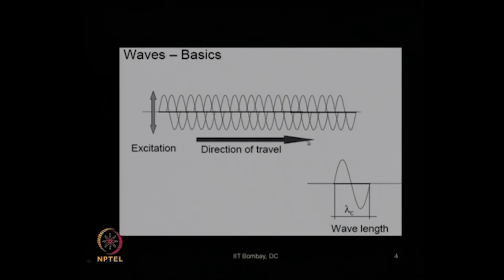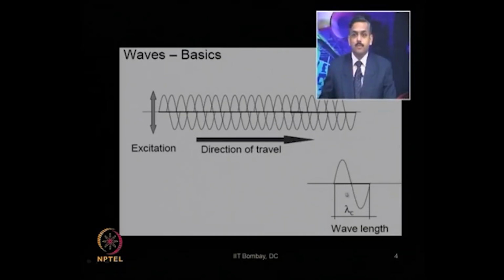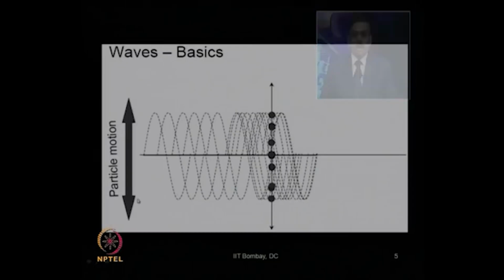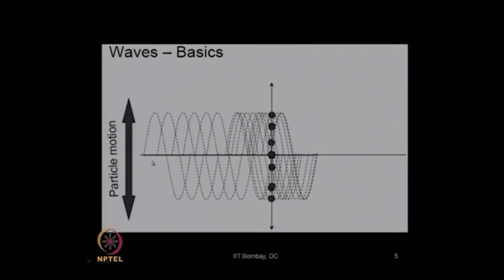This is the direction of travel, and the definition of wavelength we have seen is the one cycle of the wave required to complete the distance. And the particle motion we have also seen, it can be in different directions compared to the direction of the movement of the wave.